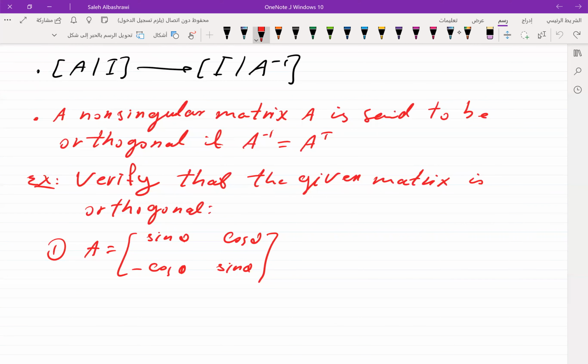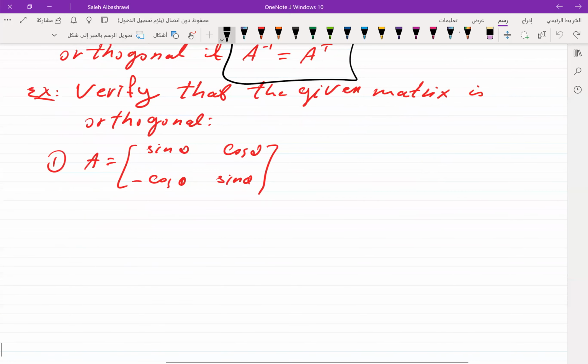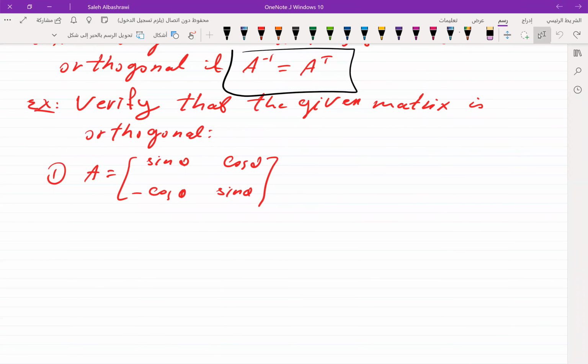So I need to check whether this matrix A is orthogonal or not. It means that we need to show that the inverse of the matrix A is equal to A transpose. So we need to find the inverse of this matrix, or just find the A transpose and multiply it by A and check whether we get the identity matrix or not.